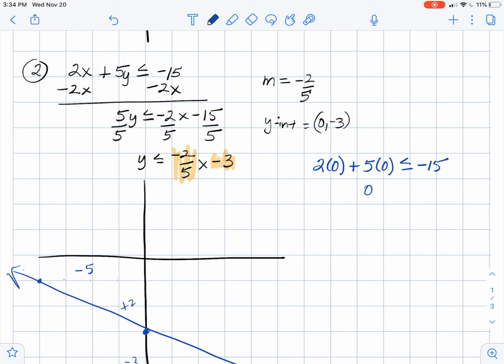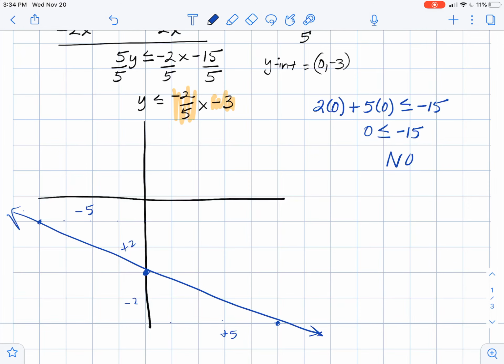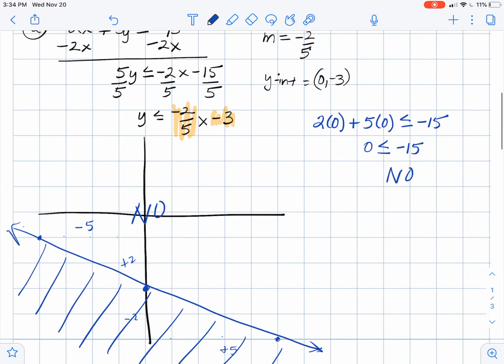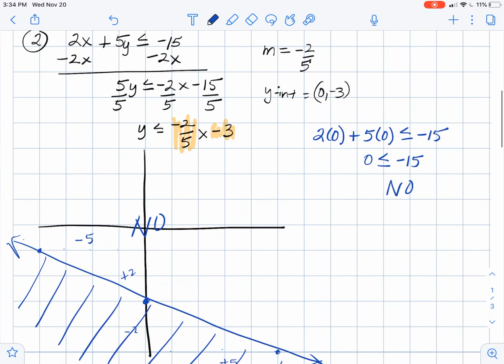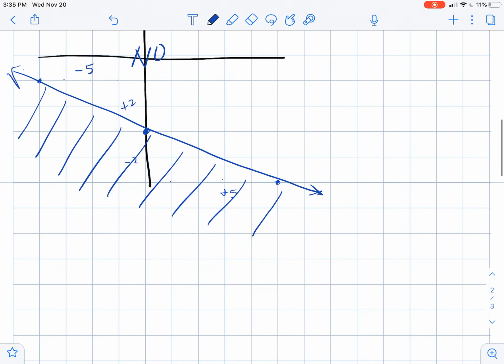So that gives me 0 is less than or equal to a negative 15. And 0 is not less than 15. This is a no. That means this is a no. And so again, I shade where my answer is yes. Okay, that is number 2.